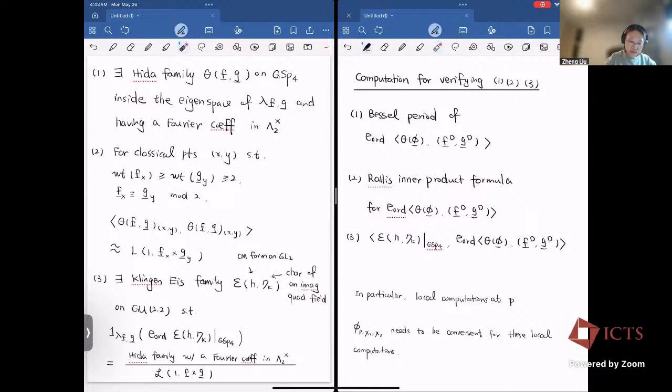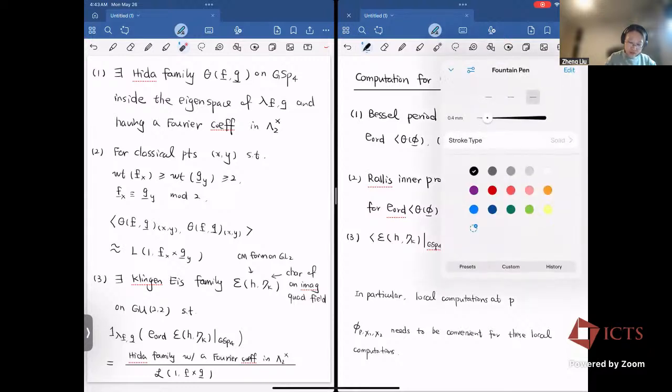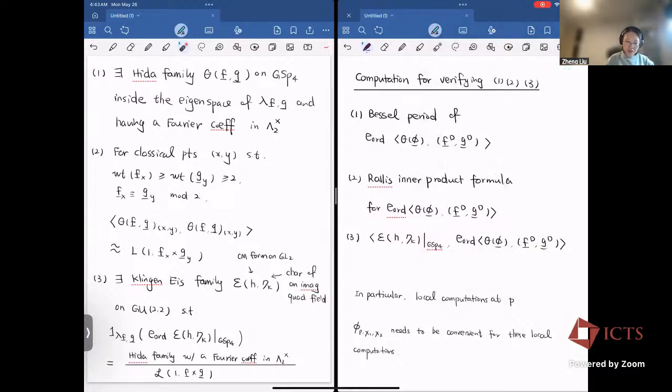And we also have the result about the Bessel period. We know that this should give us some central value of f and g twisted by some characters of an imaginary quadratic field. So we know heuristically what we should get from this.